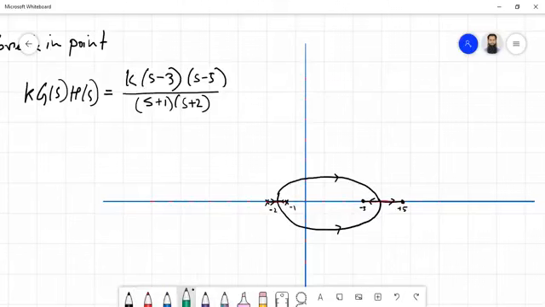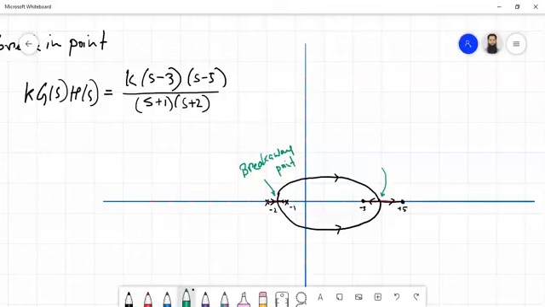This point here is called the real axis breakaway point. And the point through which it is entering the real axis again is the break-in point.